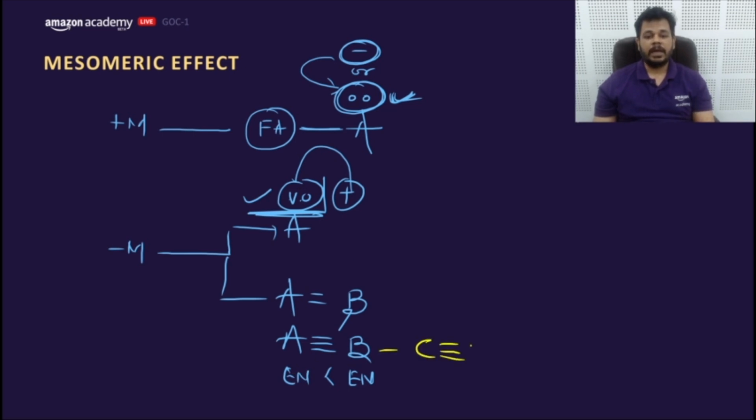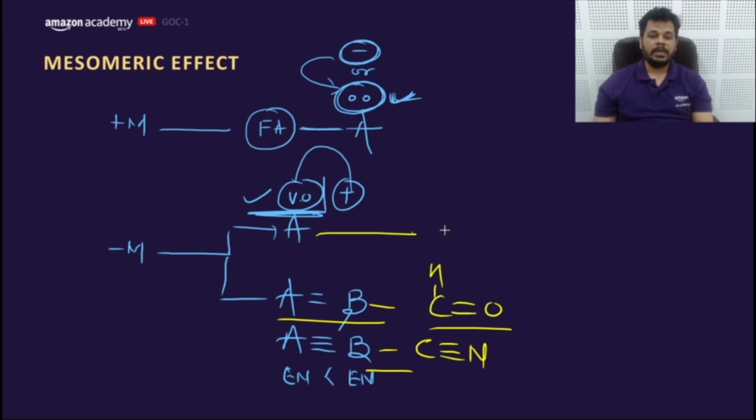C triple bond N is an example of it. C double bond O, H, take aldehyde, take ketone, examples of this. A has a vacant orbital, CH2+ is an example of this, or BH2 alone, this is a vacant orbital.